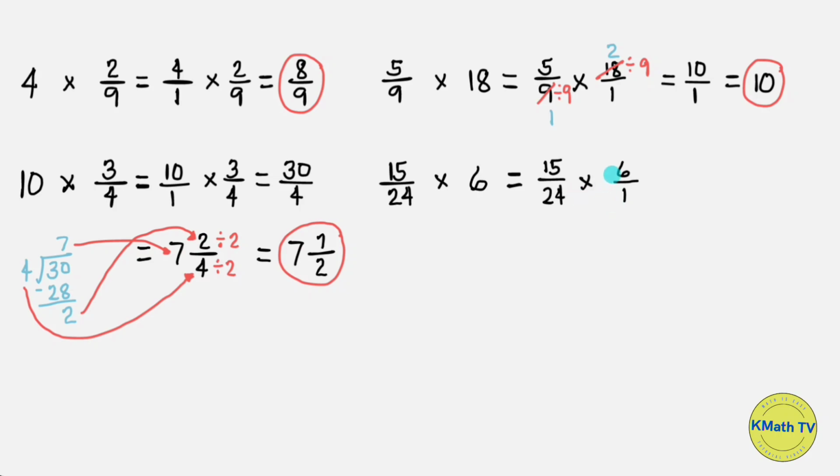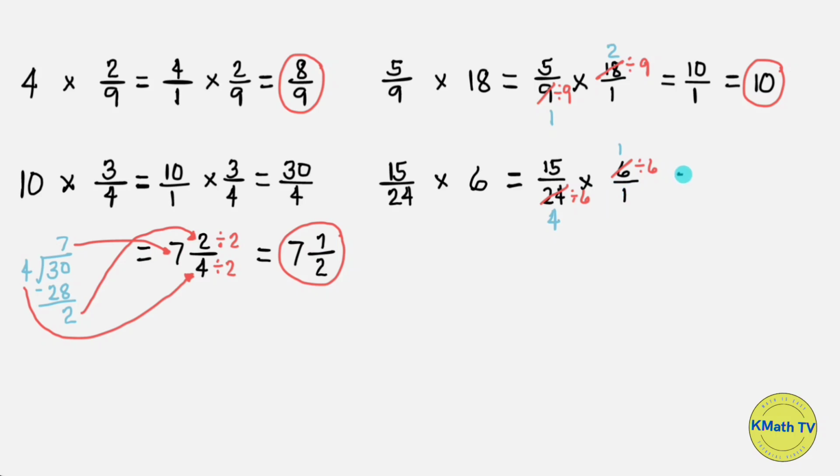Okay, we can cancel the numerator here and the denominator here because 24 can be divided by 6. The GCF of 6 and 24 is 6. So let's divide them by 6 and cancel. 24 divided by 6 equals 4. 6 divided by 6 equals 1.